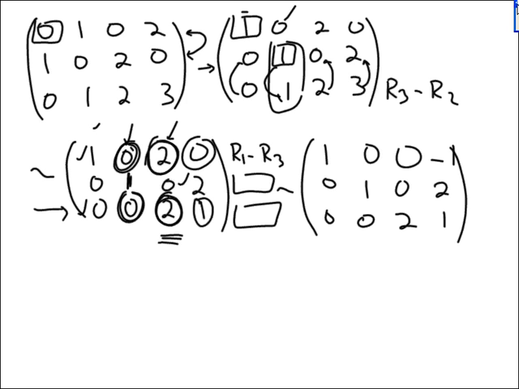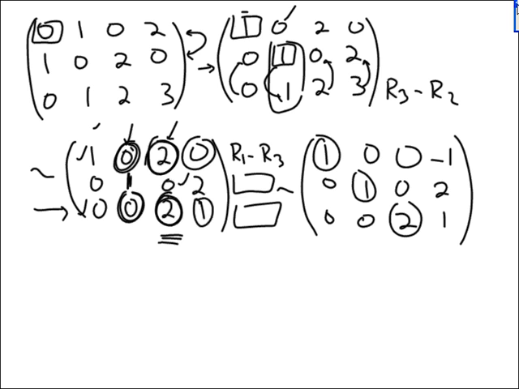Other than making sure the first non-zero entries in each row are 1s, we're okay.